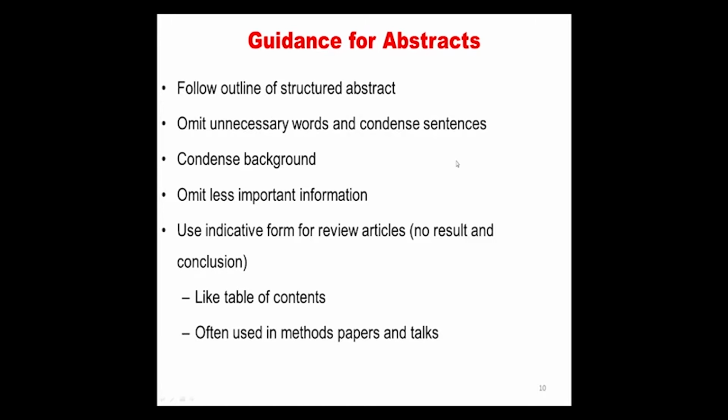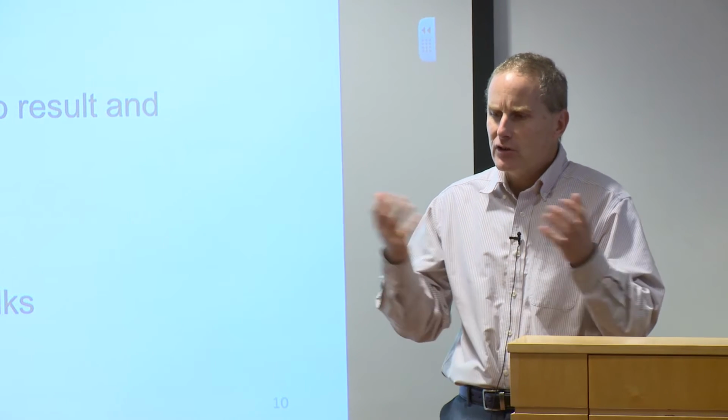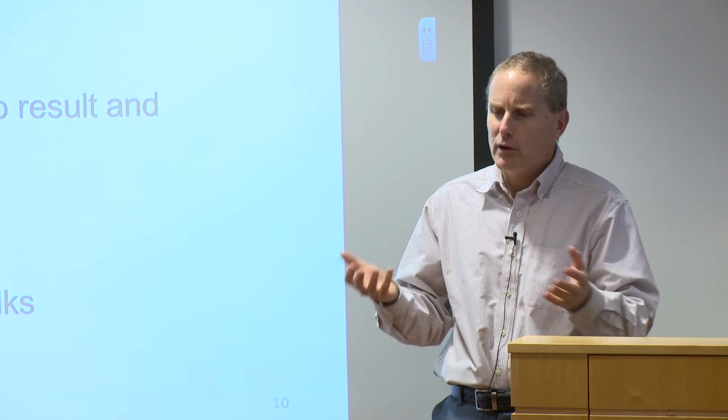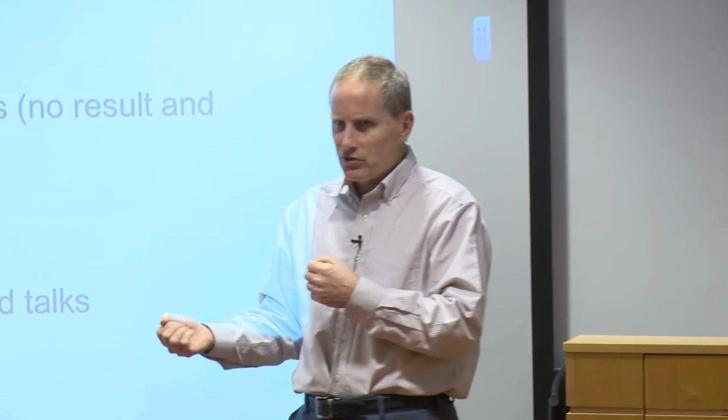Use an indicative form for review articles. Review articles are those kinds of articles that don't have results and conclusions, but they're reviews of a literature. Like we're looking at all the articles that have studies that have looked at treating diabetes with metformin, and we're going to summarize those. There's no result there.